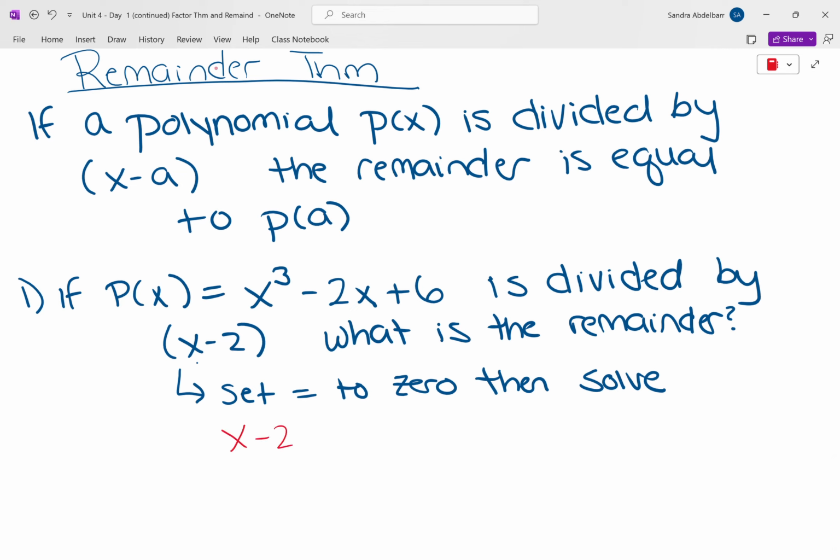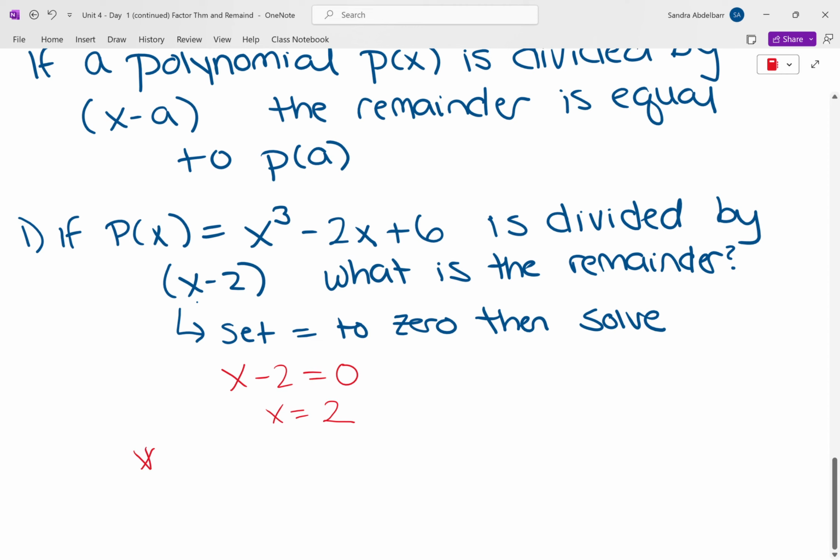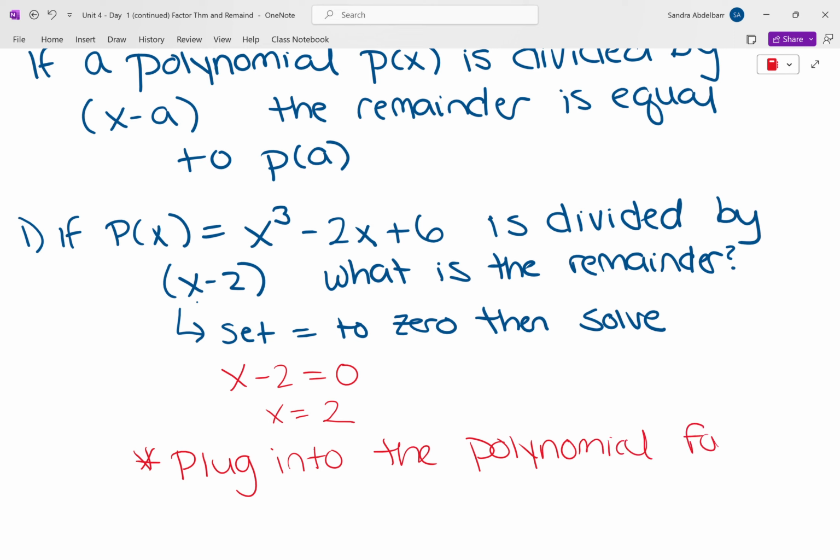So we're going to take x minus 2 equals 0, so x is equal to 2. Now we're going to plug into the polynomial for x equals 2 and simplify.